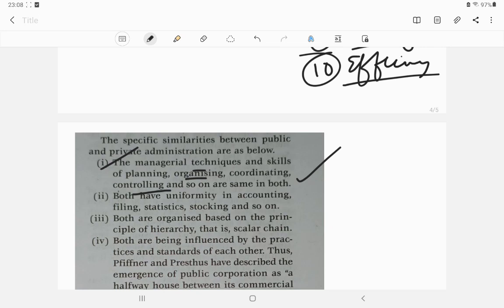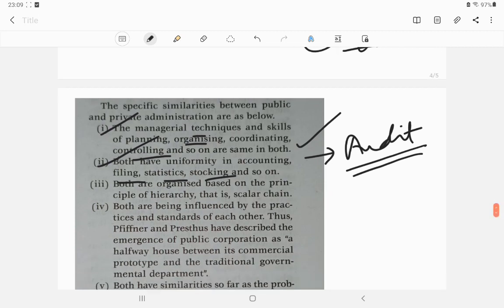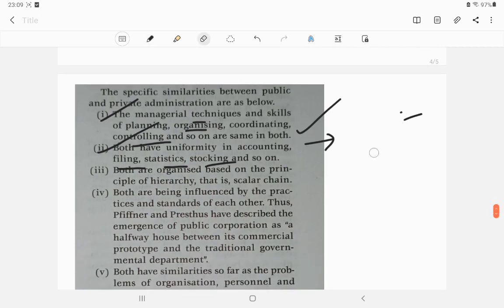Both are uniform in accounting, filing, stock statistics, etc. Accounting means that money is spent and public administration is audited. In the same way, private administration can be audited. Next, both are organized in a hierarchy.